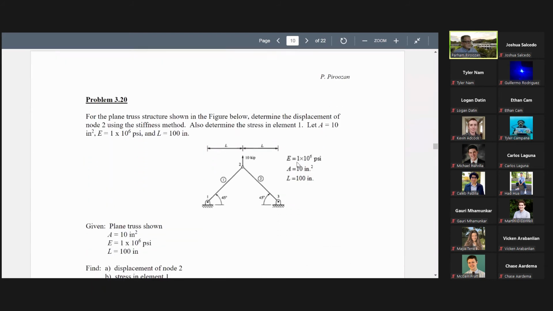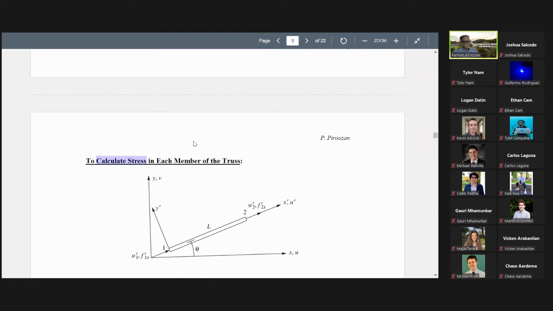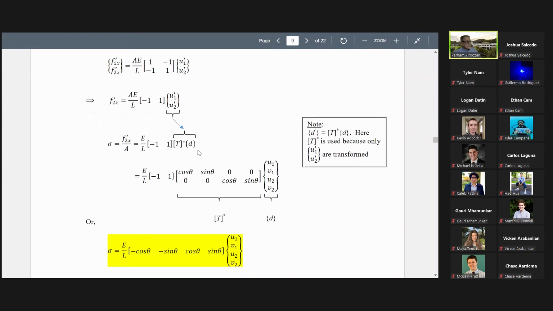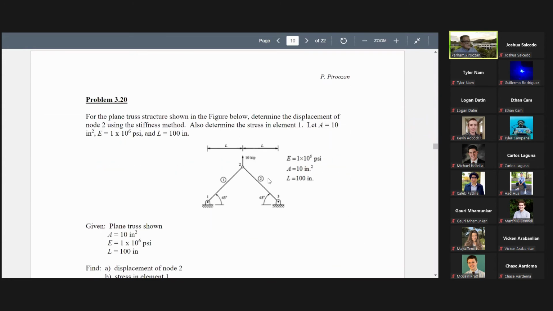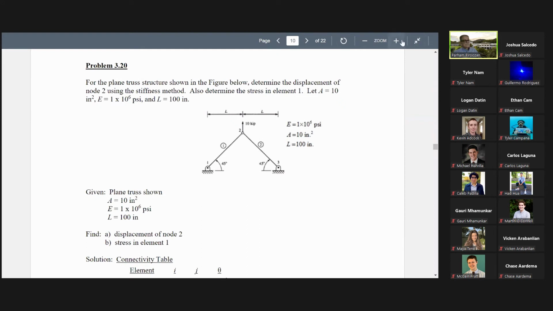Time to solve an example problem. Then we will come back for stress, look at the formula, not a big deal. But now let's solve this example problem and apply what we learned today.